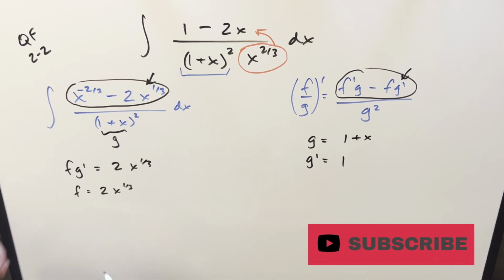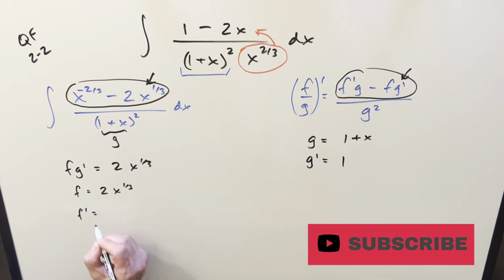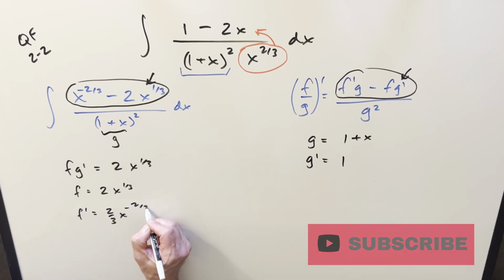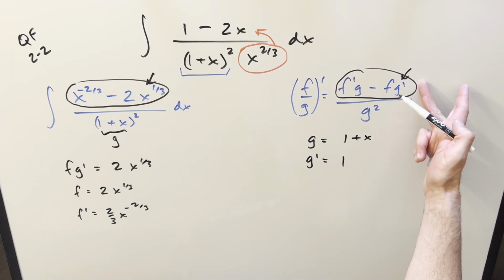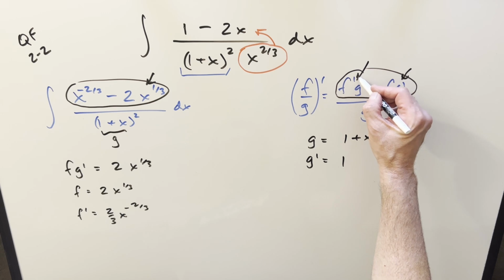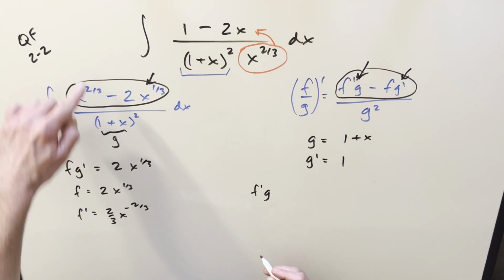That's going to allow me to take a derivative to find the f prime value we need over here. For f prime, this is going to be 2/3 x, and with the power rule, this becomes minus 2/3. So we already set it up where our f g prime part matches, and the g squared matches, of course. What about this f prime g? We want it to match this.